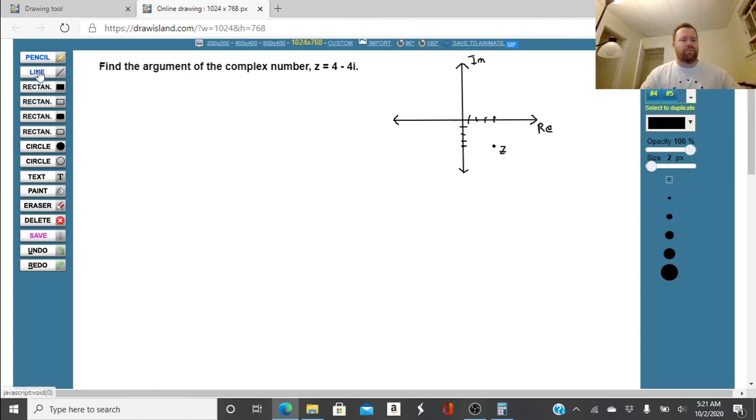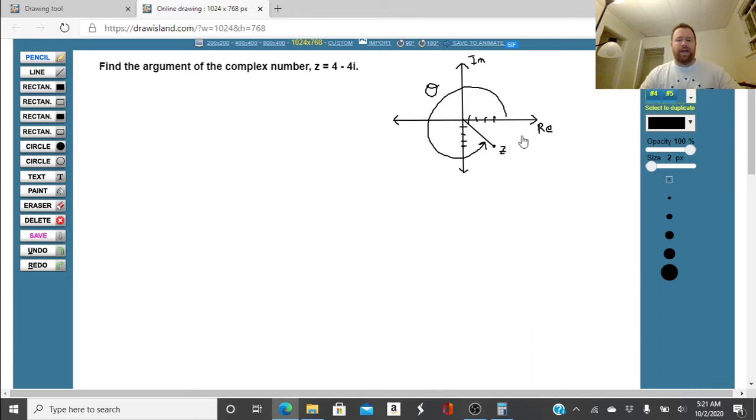Okay, so the angle that we're looking for is actually going to be the angle from the positive real axis to the line segment from the center to the complex number. Okay, so we want to find this angle, and we could call that theta.